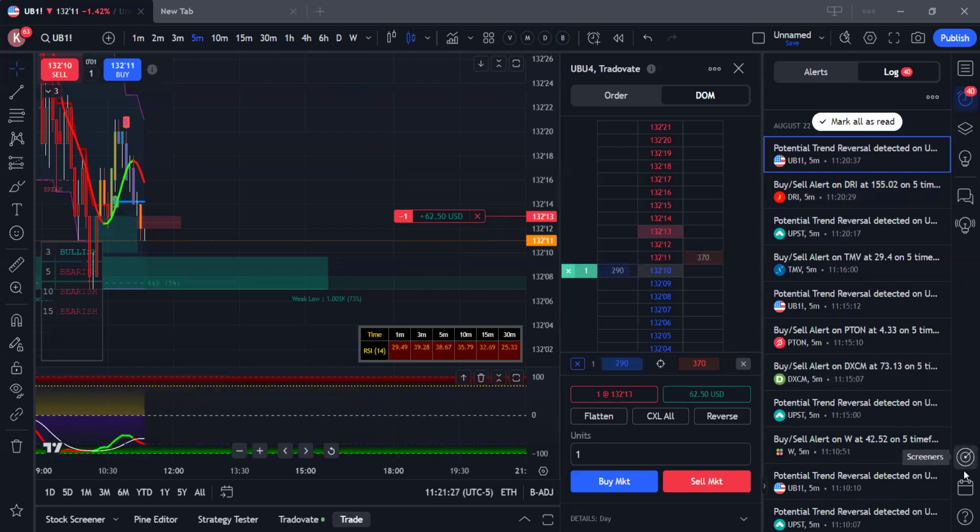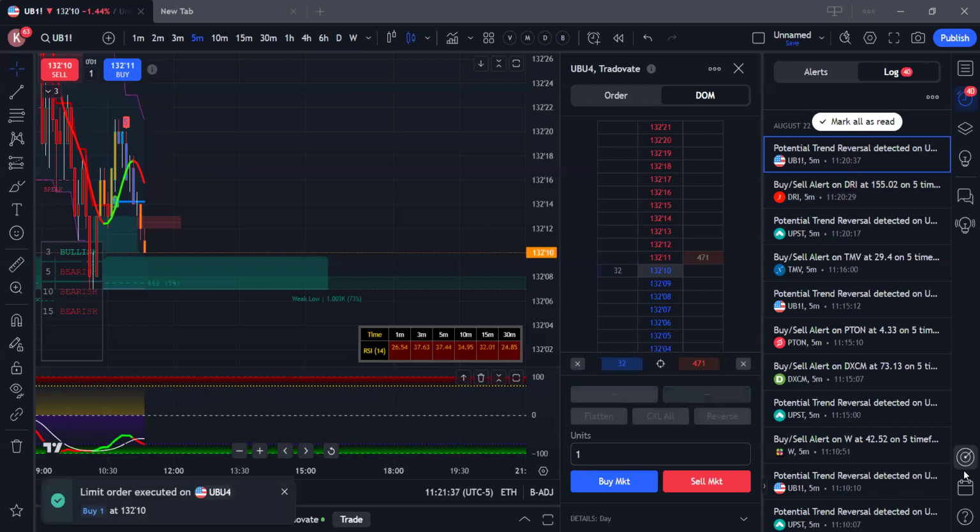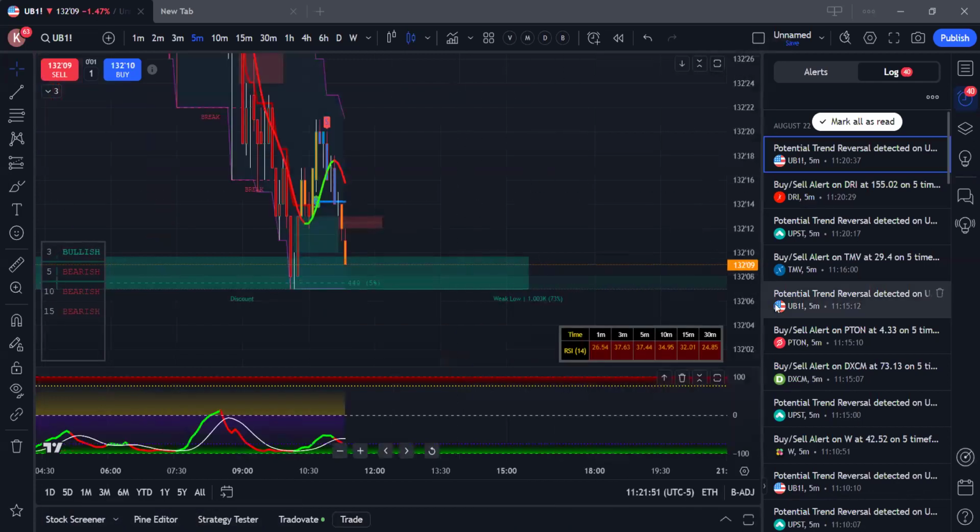So now it may fill the limit order. Limit order got executed. So that is another $90, $93 profit. So at the same time, you can make. So now your TMF is also dropping.